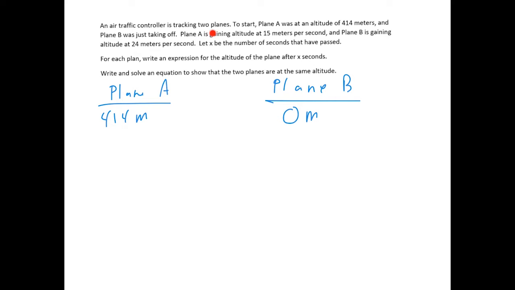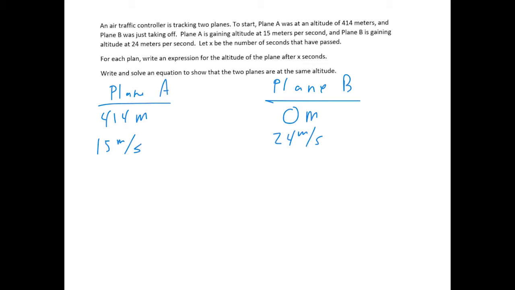We're told that plane A is gaining altitude at 15 meters per second. Plane B is gaining altitude at 24 meters per second. So plane A is climbing up in the air at 15 meters per second, and plane B is climbing a little bit faster at 24 meters per second.